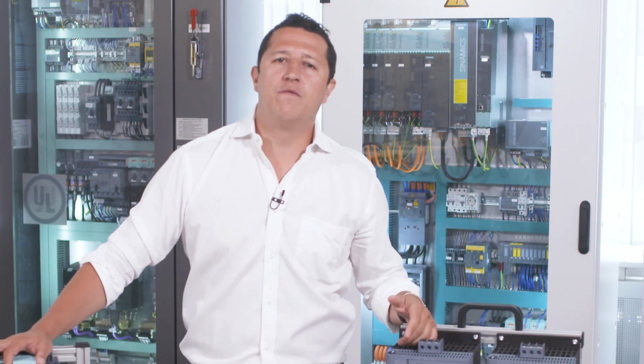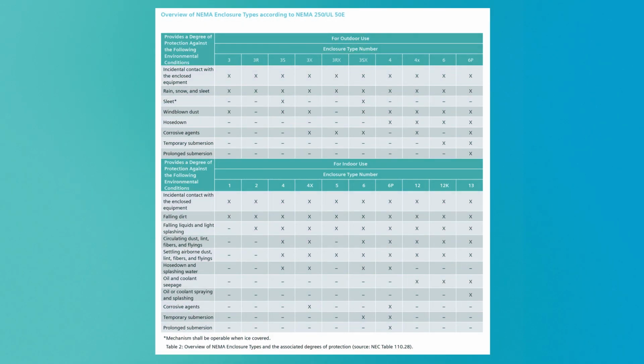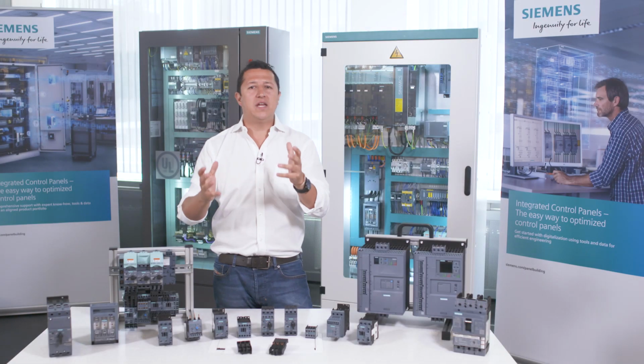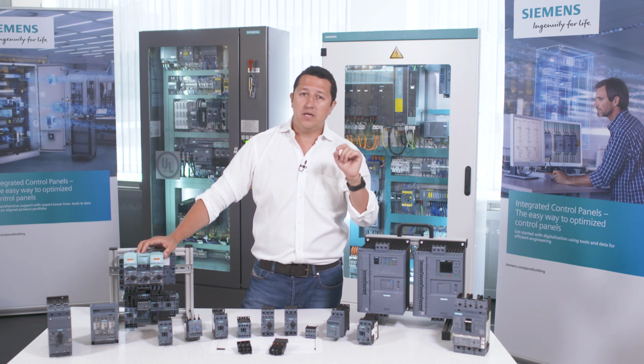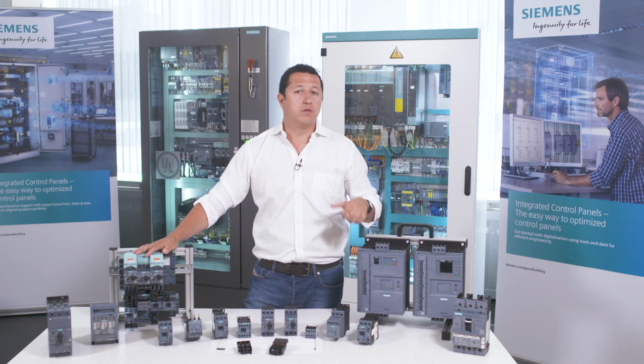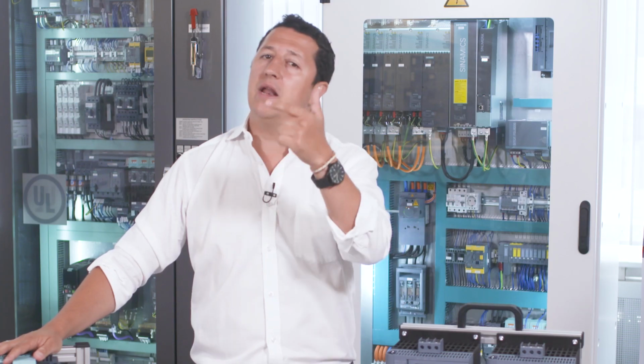Here, an overview of the enclosure types from NEMA. When designing and equipping enclosures for electrotechnical components that are intended for worldwide use, both the IP degrees of protection and NEMA enclosure types should therefore be taken into account.